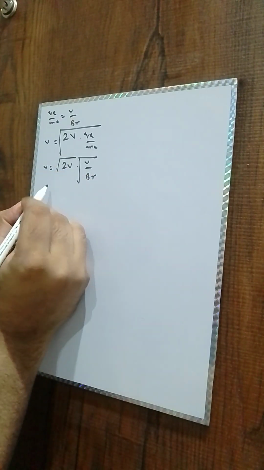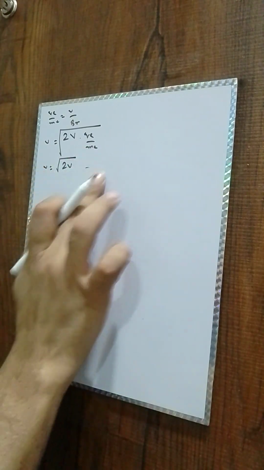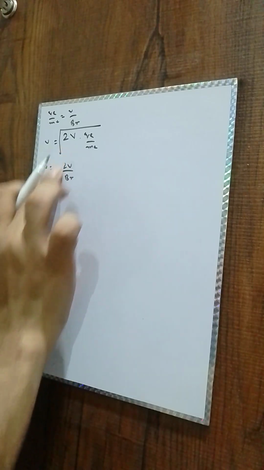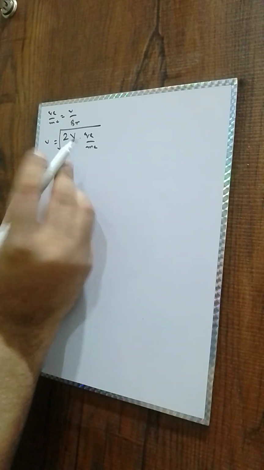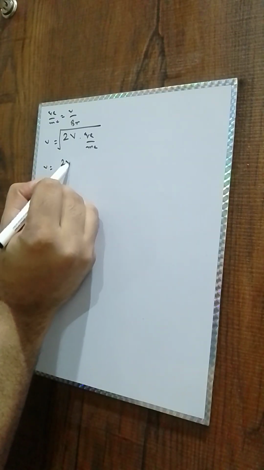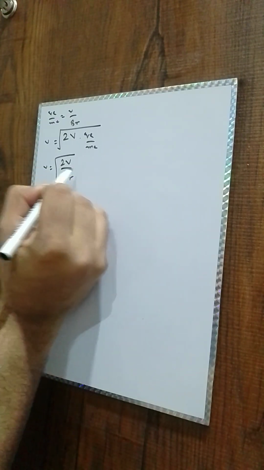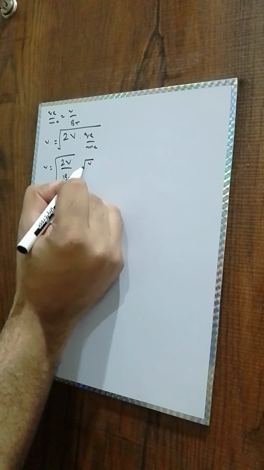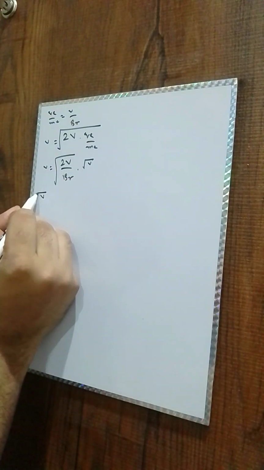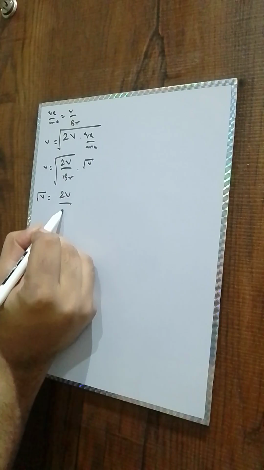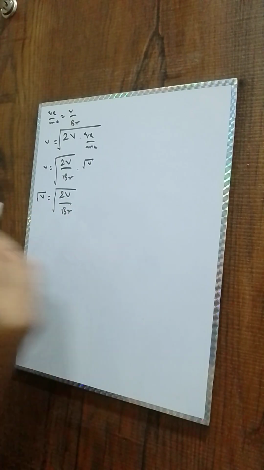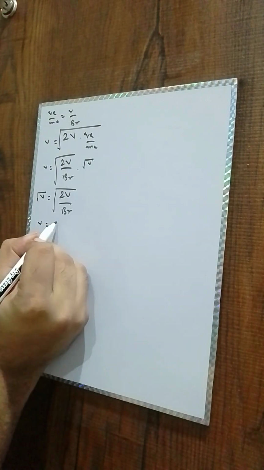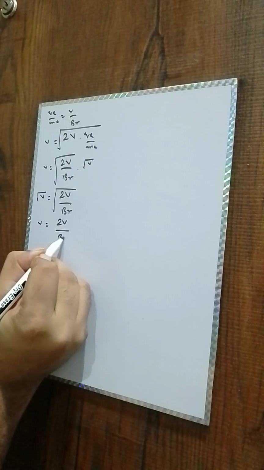Once again, the root of 2V by Br, dot the root of v. So we're left with the root of v here, and the root of 2V by Br here. Yes, so v becomes equal to 2V by Br.